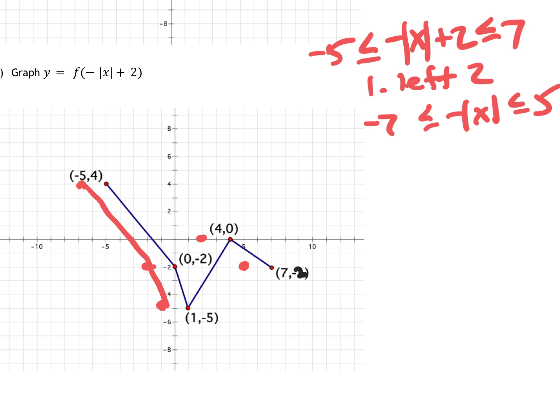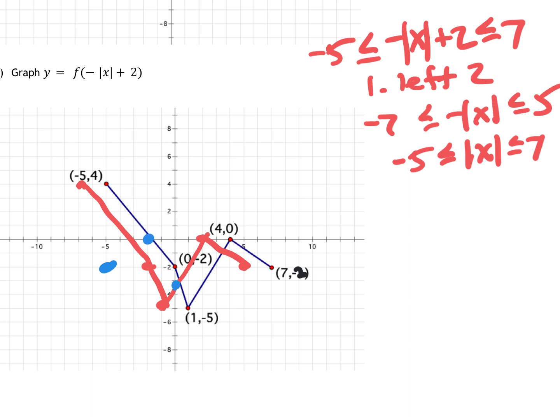Actually, let me erase that for a sec. Okay, so that was left 2. And then we're going to mirror across the y-axis. That's the next thing. So now I should be flipping the x values across that y-axis. So it will be -5 to 7. Let's do this in blue. So this rightmost point will now be at -5, -2, and then we'll be at -2, 0.